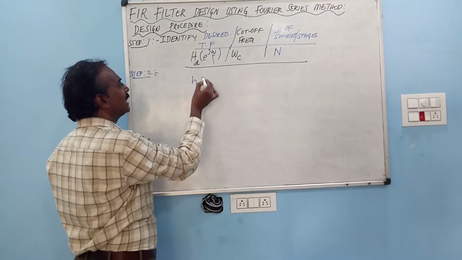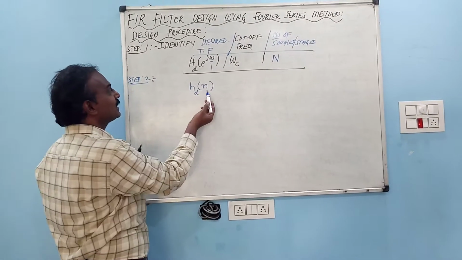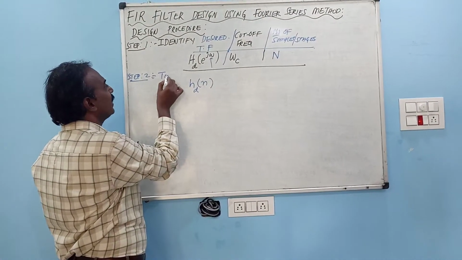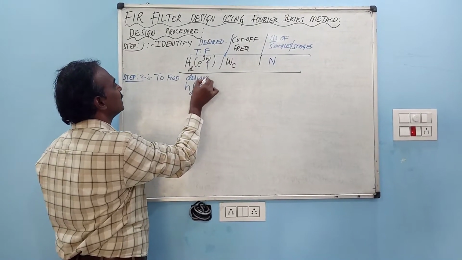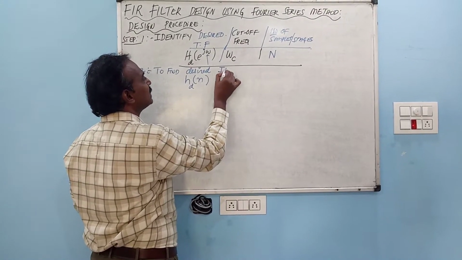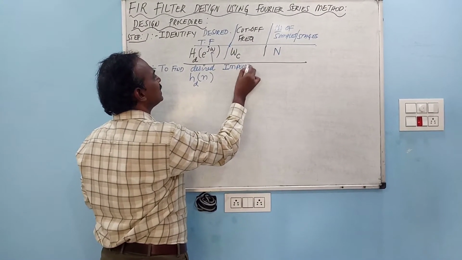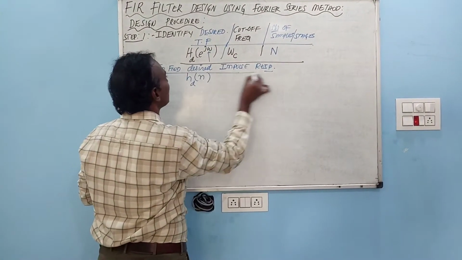So it is also desired. In time domain, discrete time domain is n. So this is nothing but to find desired impulse response.